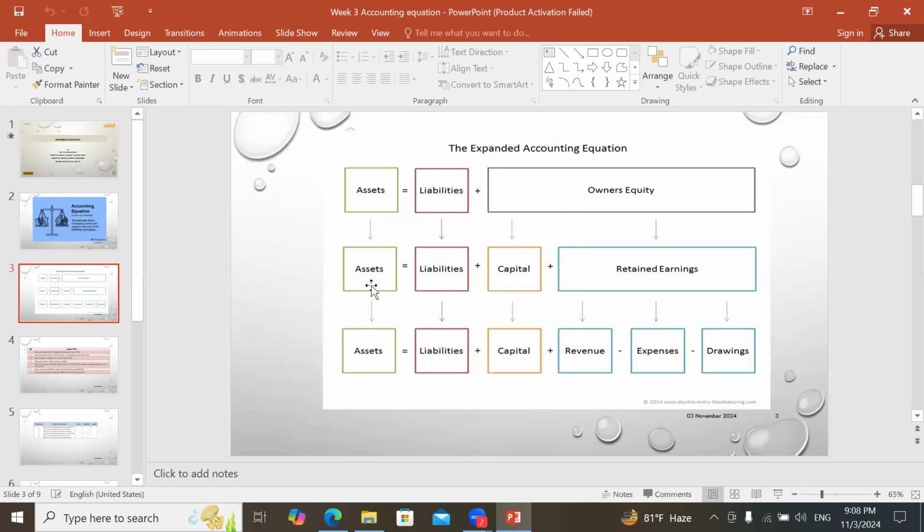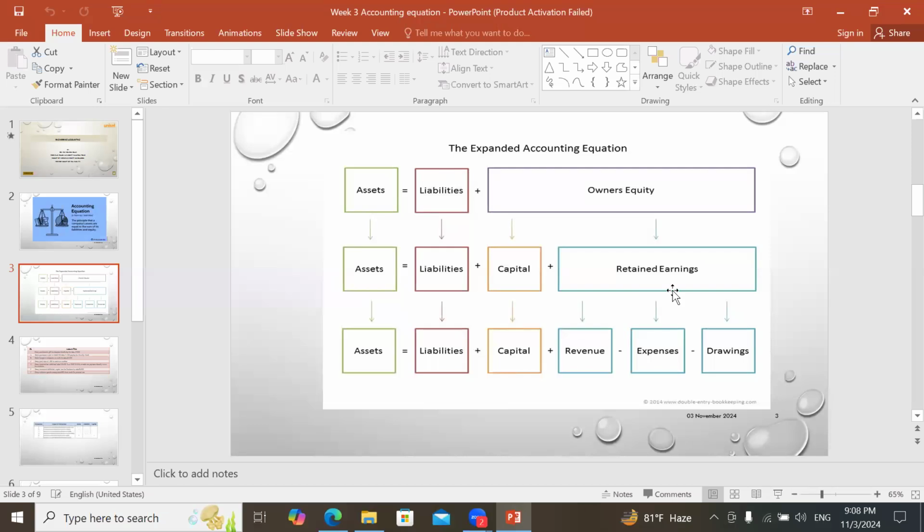We can break down owner's equity under two heads, capital and retained earnings. Again, asset is equal to liabilities plus capital plus retained earnings.